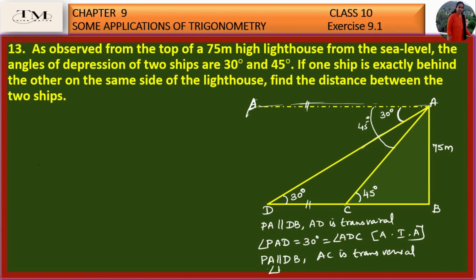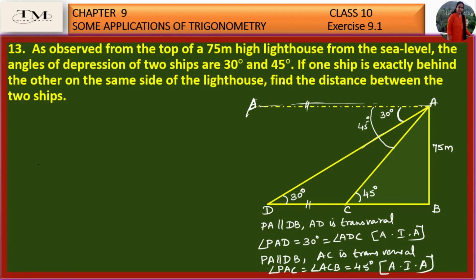Angle PAC is equal to angle ACB, which is 45°, because alternate interior angles are equal, which you might have studied in 9th standard. Now we have marked everything.